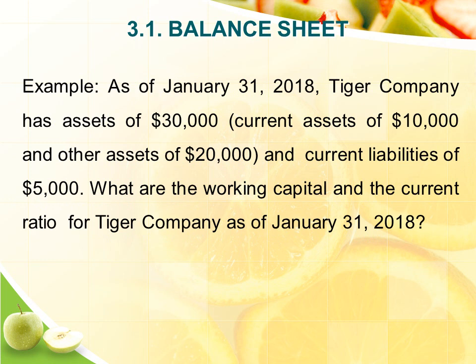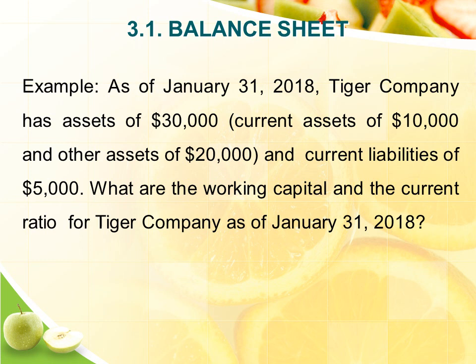We have a small example for this section. As of the 31st of January 2018, Tiger Company has assets of $30,000, including current assets of $10,000 and other assets of $20,000, and current liabilities of $5,000. What are the working capital and the current ratio for Tiger Company as of the 31st of January 2018?